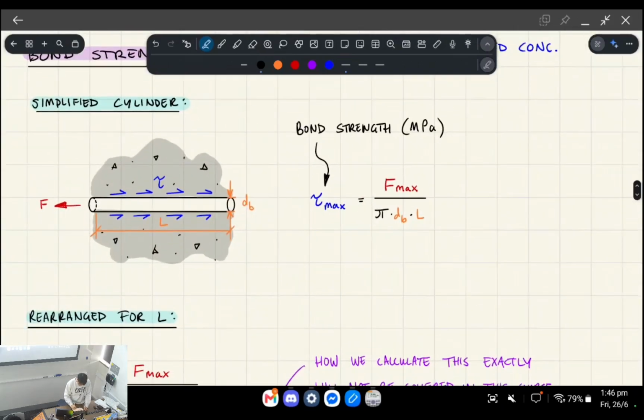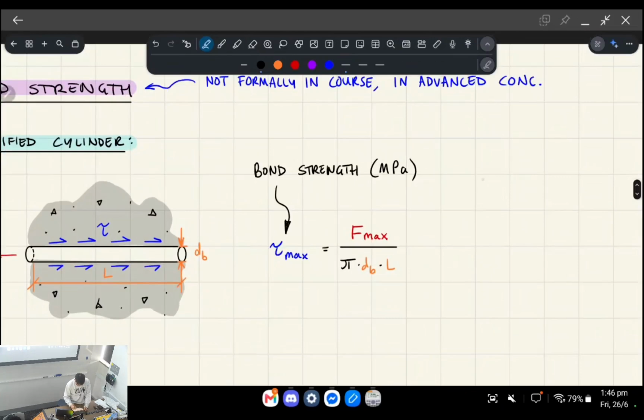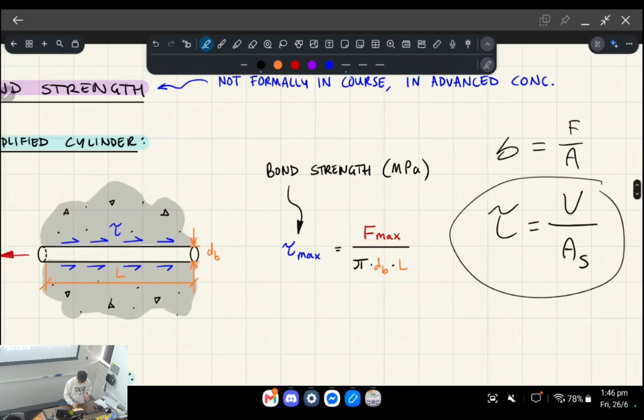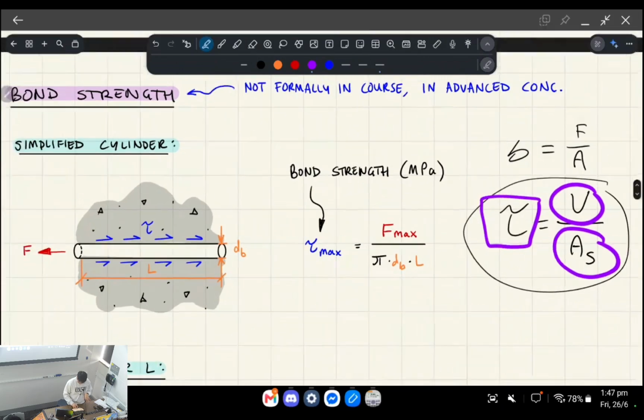Okay, so if you think about the equation, stress is equal to force over area, except we do the shear version, right? So shear stress is equal to shear force over shear area. Okay, we're looking at this essentially, right? So the idea is that if you have some kind of force that's applied that causes shear, if you divide that by your shear area, you get how much stress is being experienced.